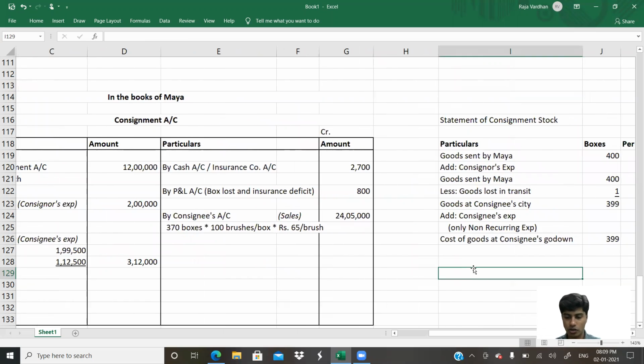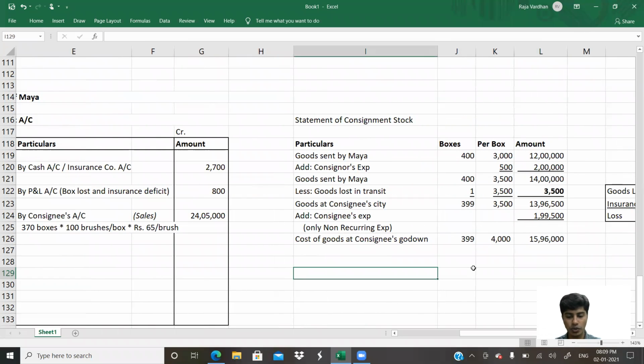Now, come here. Cost of goods at consignee's godown is this. Okay, less sales. How many are sold? 370 are sold. So if 370 are sold, what is the closing stock?